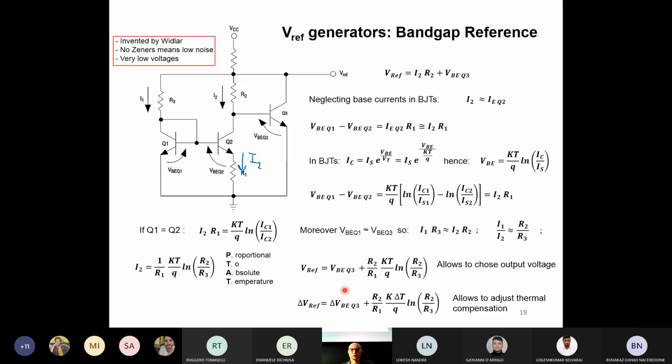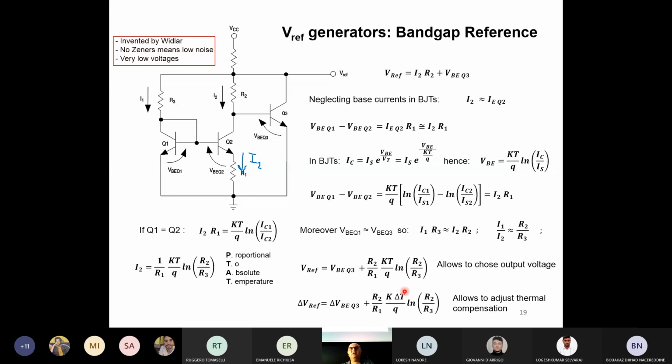So if we know that delta VB is minus 2.2 millivolts per Celsius degree, why don't we adjust the resistances R1, R2, and R3 in order to get a positive variation of this term of plus 2.2 millivolts per Celsius degree?